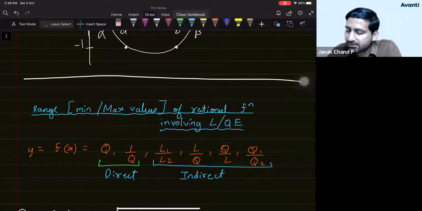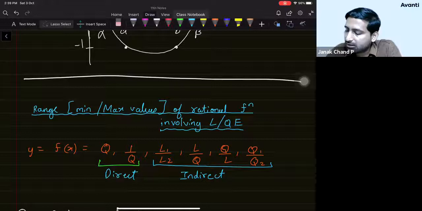The first one is you just have a quadratic expression and then the reciprocal of the quadratic expression. This is category 1. In this, you can get the answer directly. Okay. So what we are doing is finding all the possible values of this quadratic expression. What is the minimum value of this and what would be the maximum value? From that minimum value to the maximum value, that itself acts as the range of y.